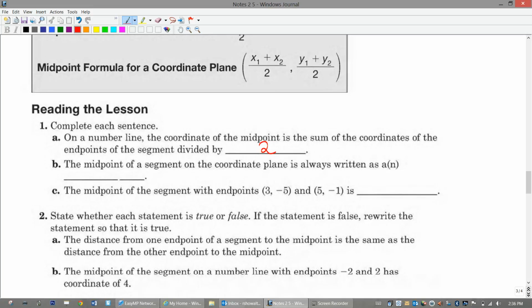Okay, the midpoint of a segment on the coordinate plane is always written as an ordered pair. The midpoint of the segment with endpoints given is 4, negative 3.